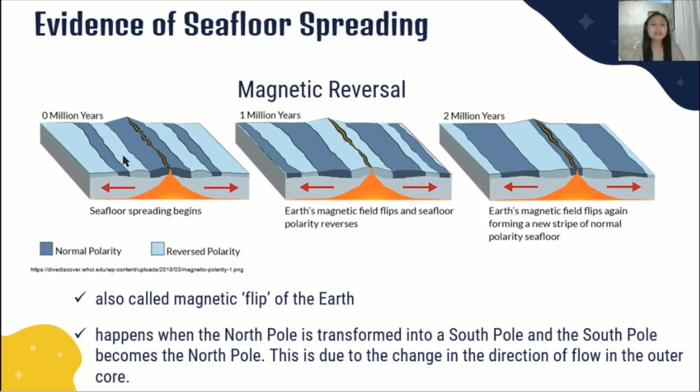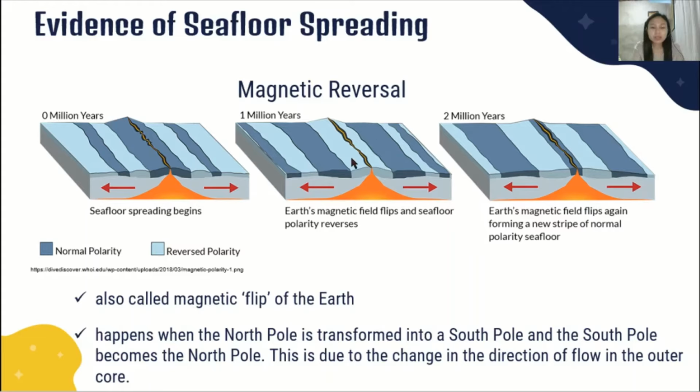After 1 million years, what have you noticed? There is a change in color in the mid-ocean ridge, meaning we have here lighter blue, the reverse polarity, wherein the North Pole is transformed into the South Pole. Now, don't take it literally, it is only the polarity.